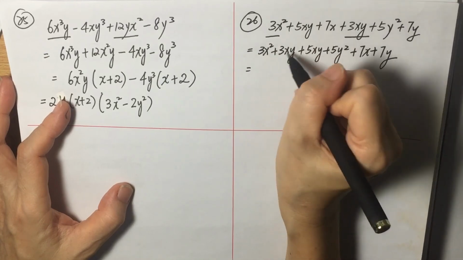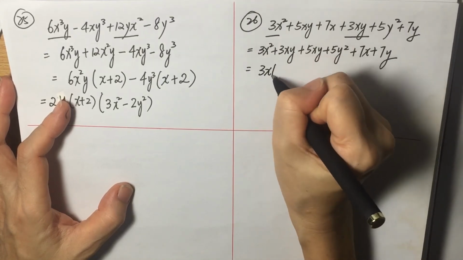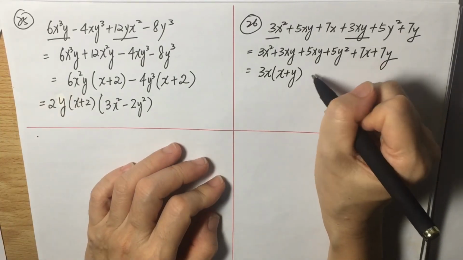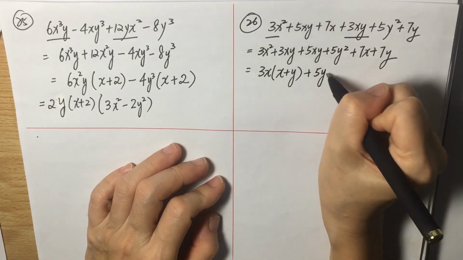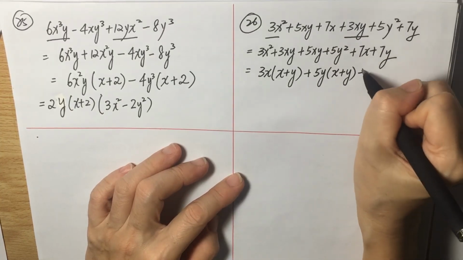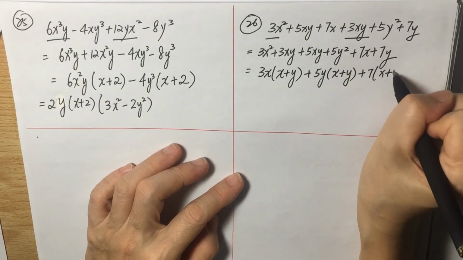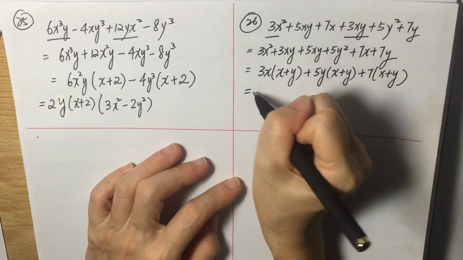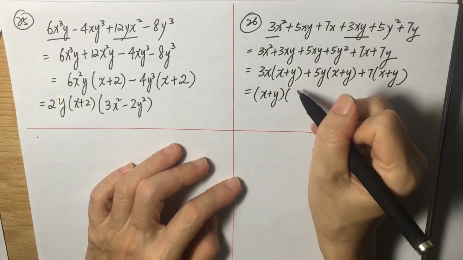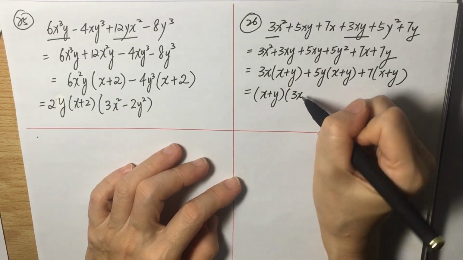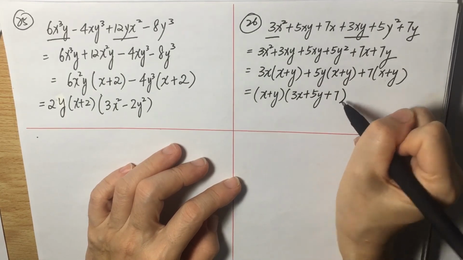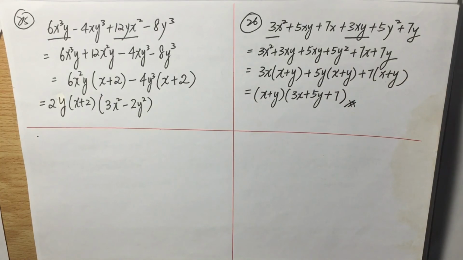These two, I have 3x as a common factor, so x plus y. These two, I have 5y as a common factor, so this is x plus y. And these two, I have 7 as a common factor, so x plus y. So all of them have a common factor of x plus y. When it is taken out, I have 3x plus 5y and then plus 7. So this is the answer.